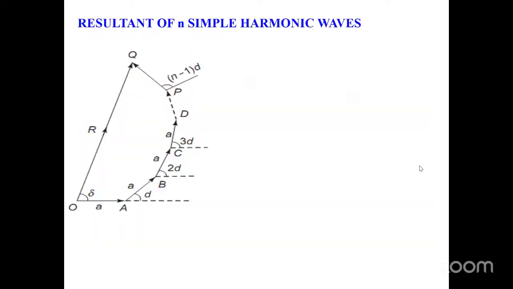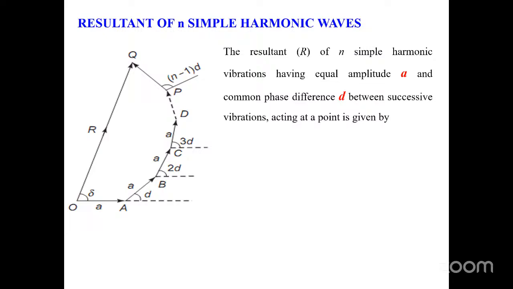Okay. And how are you going to find the intensity of the resultant light? Based on this only, we are going to find the R value. R means here the resultant amplitude of n simple harmonic vibrations.